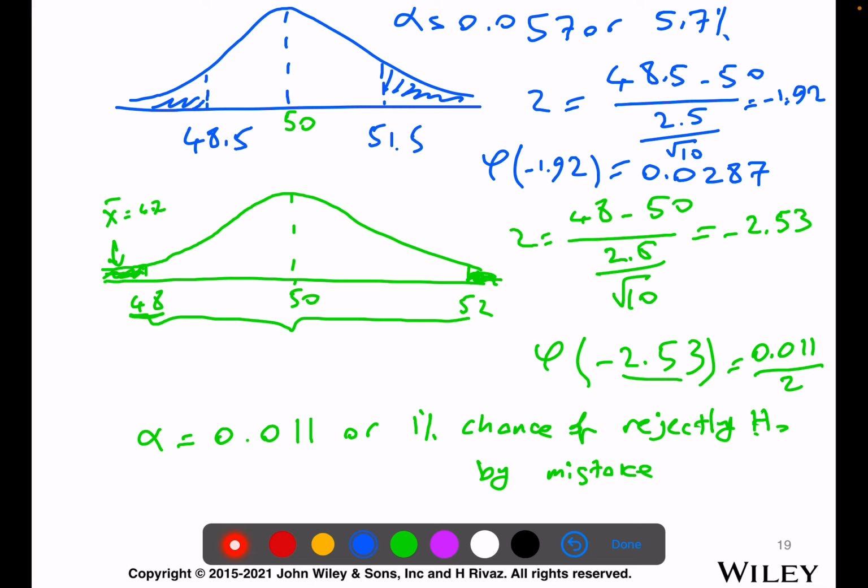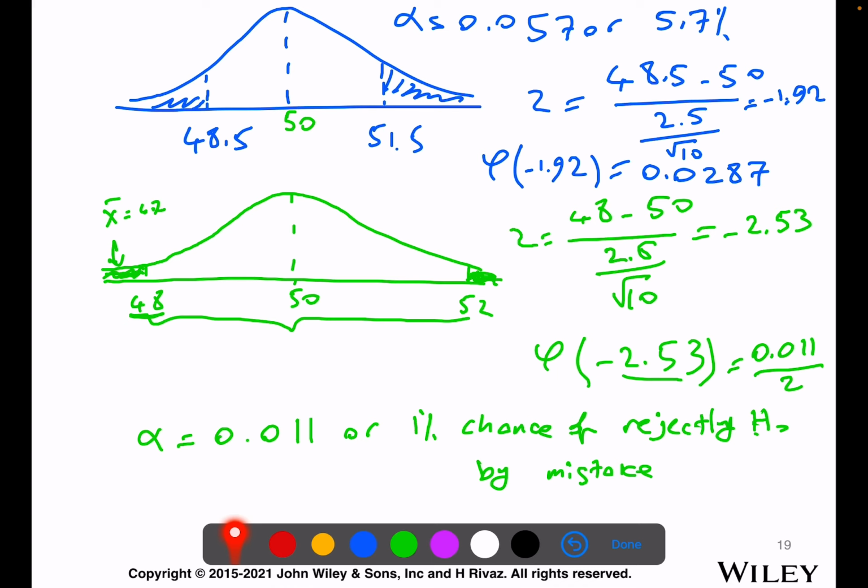Right? So that means that if my rejection range is from 48.5 to 51.5, there's a 5% chance that I reject the null hypothesis by mistake. And if my rejection range is more strict, meaning that instead of 48.5, it has to be either smaller than 48 or larger than 52, then my alpha is going to be 1%, much smaller.